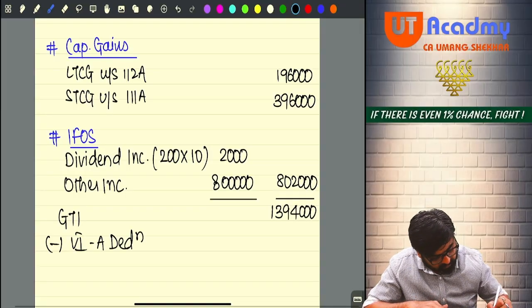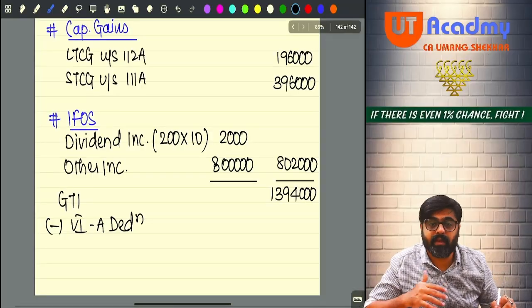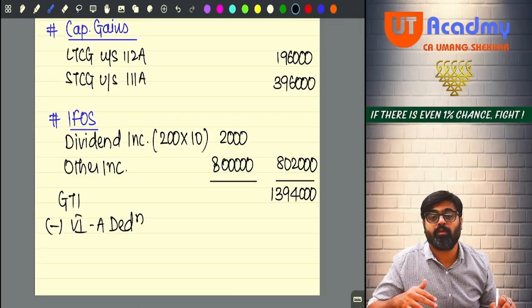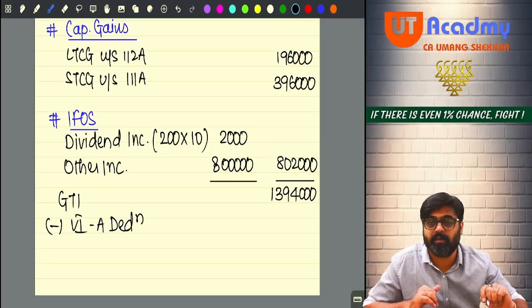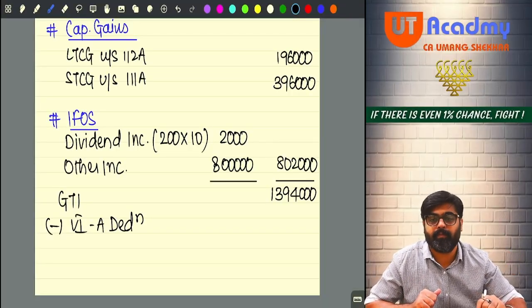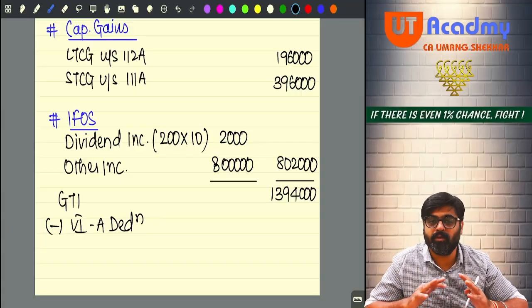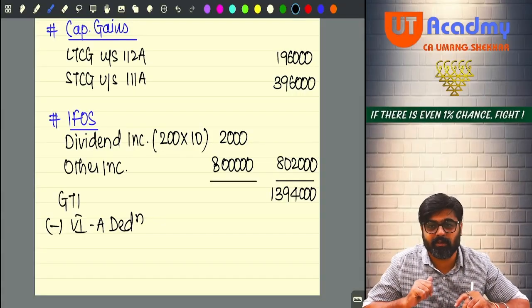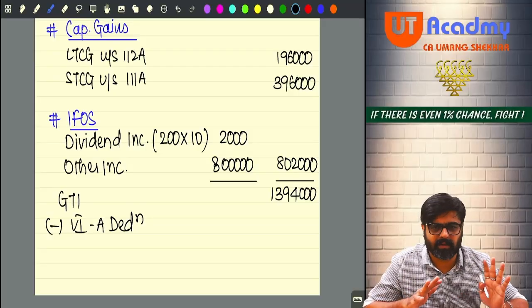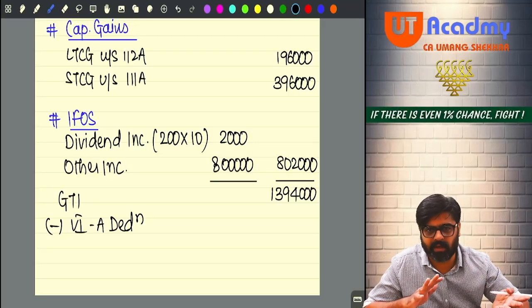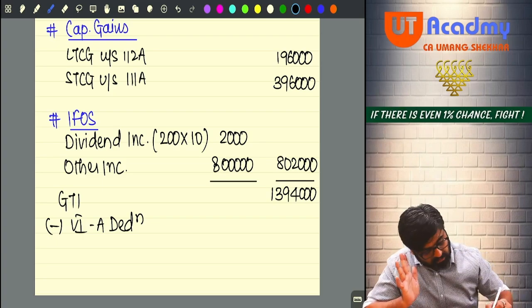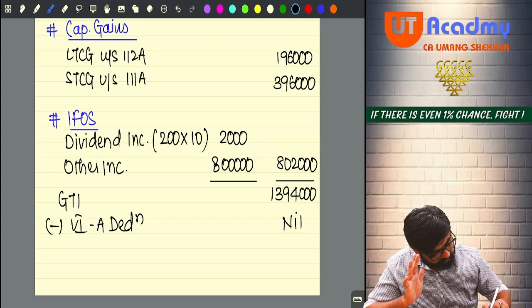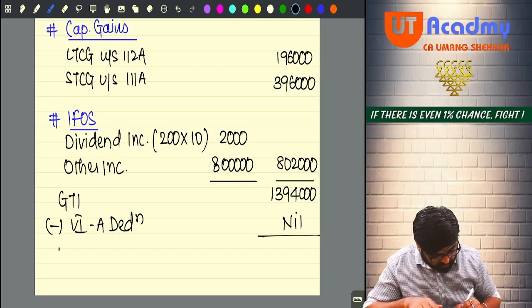No information given in the question, and even if the information was given, I was not able to get chapter 6A deduction because I am following 115 BAC. Getting my point? So when you follow 115 BAC, you don't get chapter 6A deductions also. 2-3 deductions under chapter 6A which are there, which you can claim, but all the chapter 6A deductions are gone. I will not be able to claim. Nil.